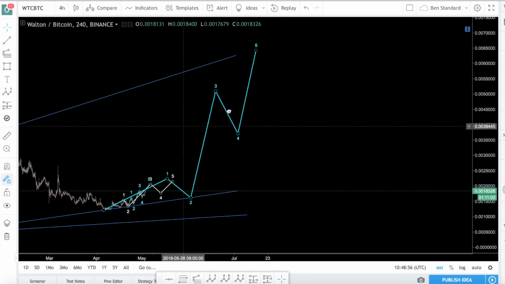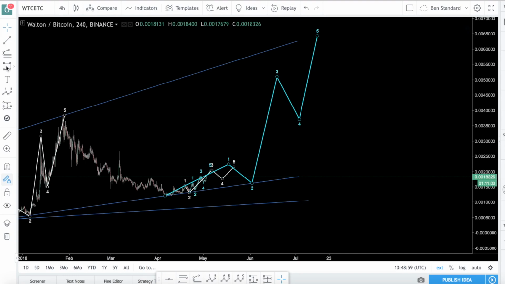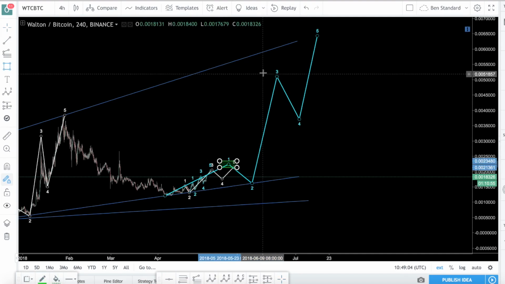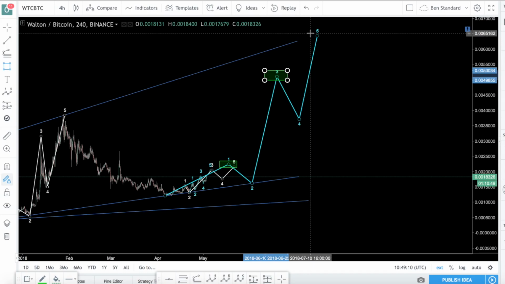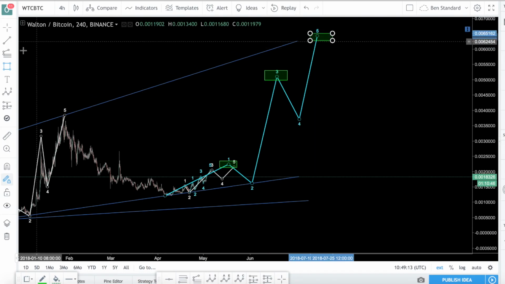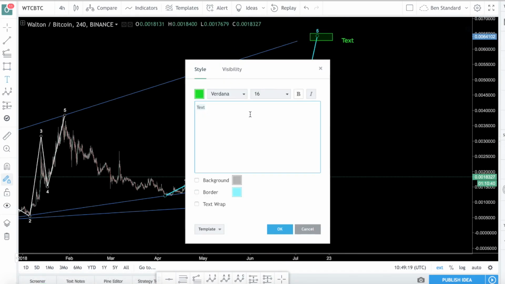So my first target would be this area. The midterm target would be this area, and the long-term target would be this area. So this would be long-term target 64.